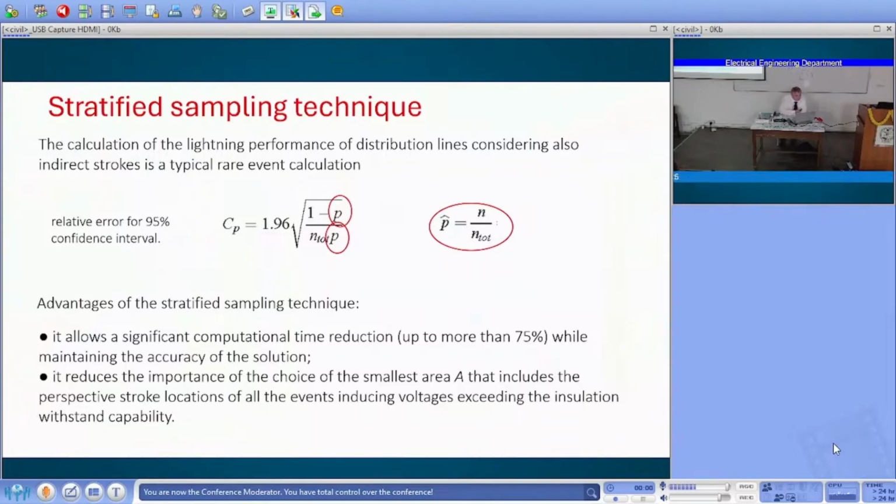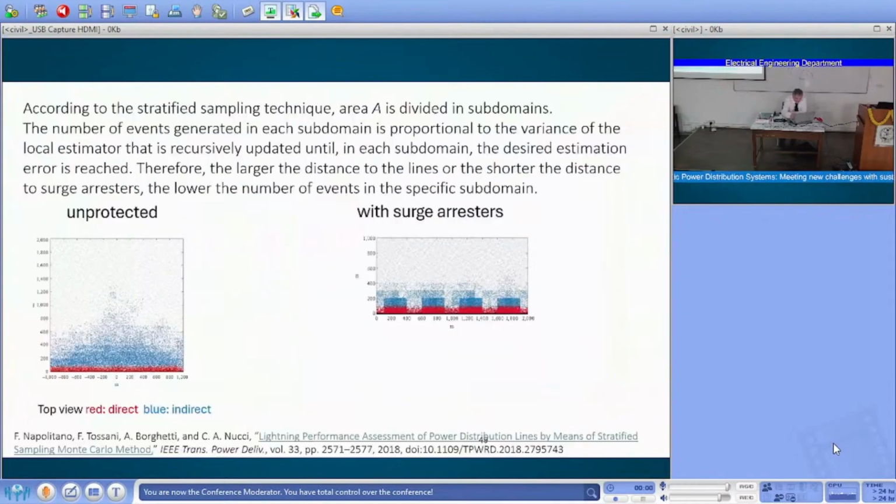And this stratified technique allows a significant reduction of computational times. You see 75%, because we are not spreading all the events in a homogeneous way. We have some events also far away, but most of the events are considered nearby to the line. So we can concentrate them.